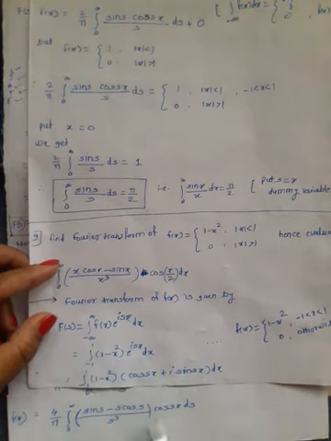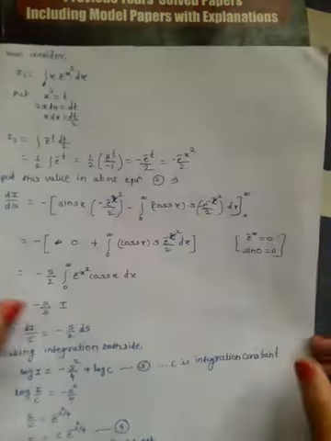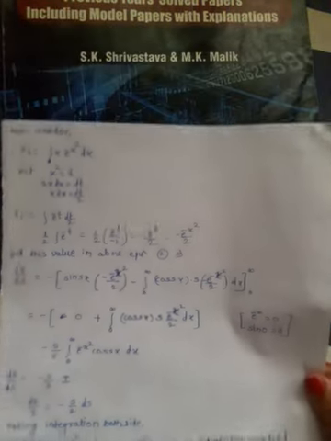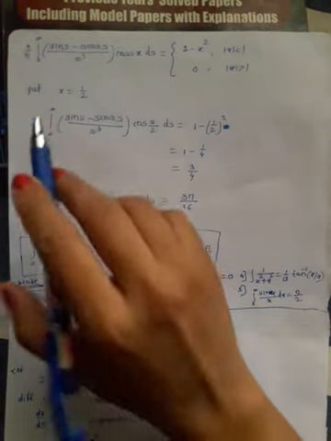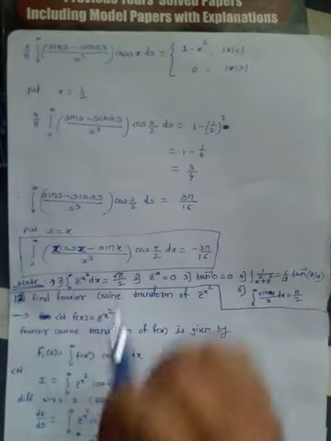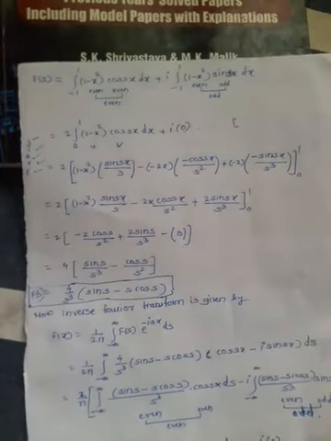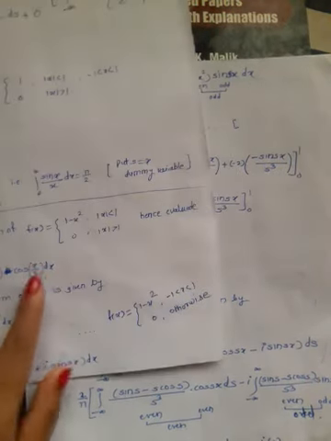Put x equal to 1 by 2 on both sides, with 4 upon pi as it is. Now write down the function value. This integration is equal to f(x), and f(x) is our original function given in the example.